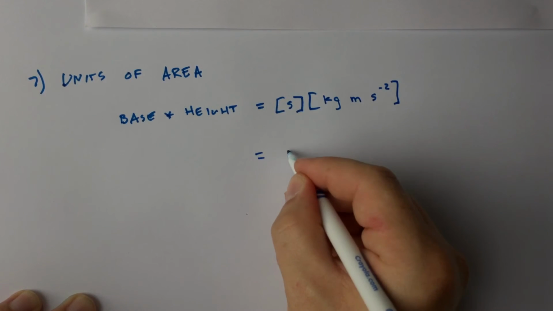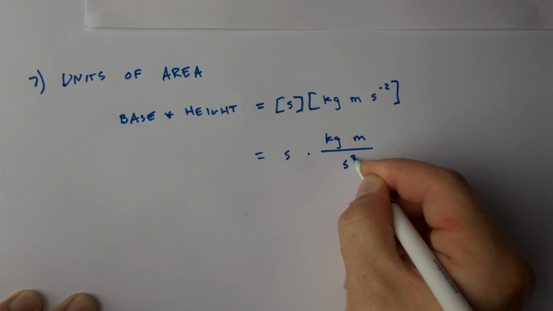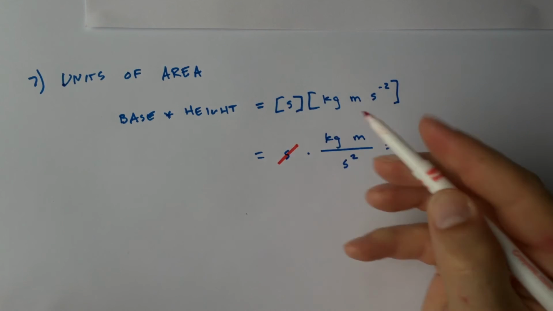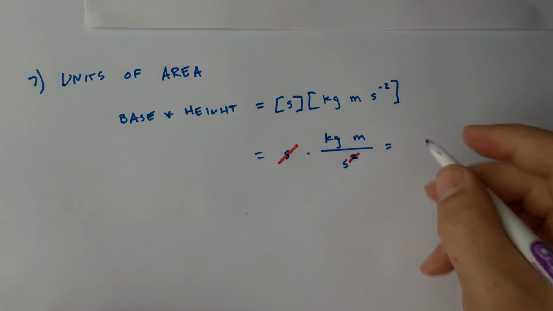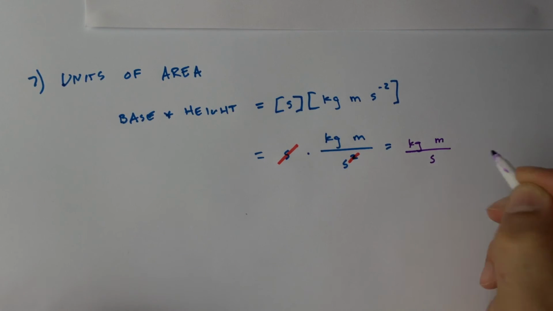What is that equal to? Well, a second times a kilogram meter per second squared. This second cancels with one of these seconds. We end up with a kilogram meter per second. It's interesting.